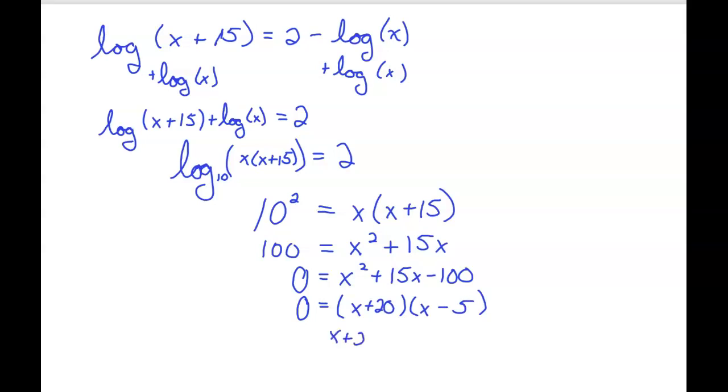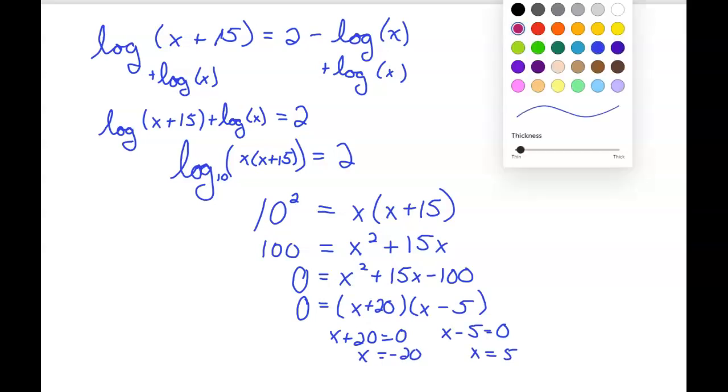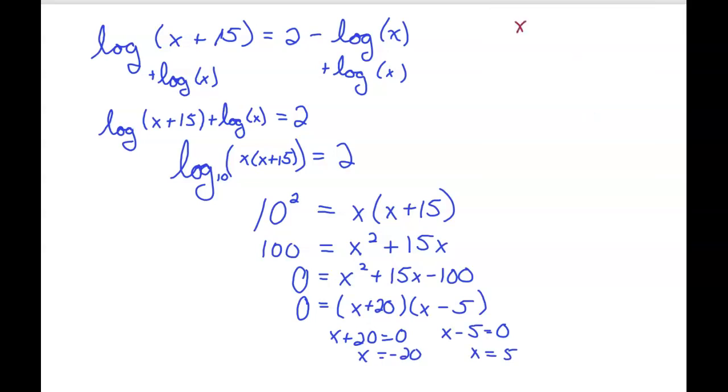I will set each of those equal to 0. So I will get that x is equal to a negative 20 and x is equal to a positive 5. When I check in my arguments, remember my arguments are x plus 15 and x.